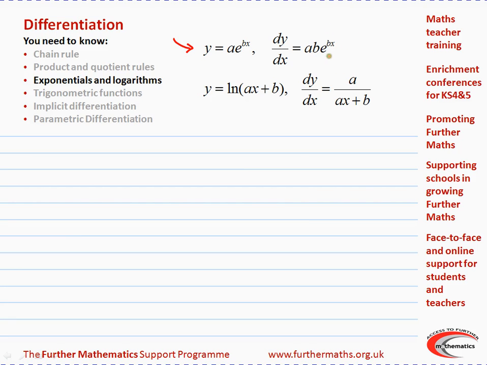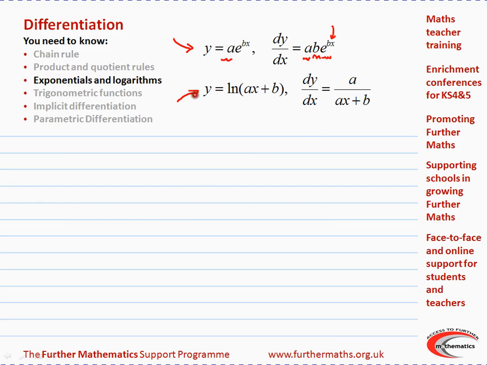Just notice when you differentiate using the chain rule, you differentiate the outside function, that's the e to the something, and you multiply by the derivative of the inside function, that's the bx, the derivative of that is b, so differentiating e to the bx becomes b e to the bx, and the a that was the coefficient in the original expression for y is completely unchanged, it just stays in exactly the same place.